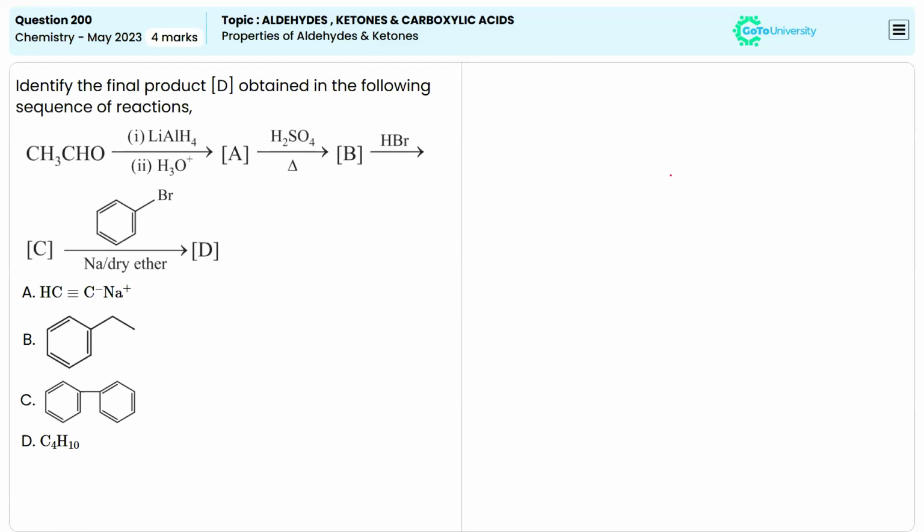So the product is this, this is the product obtained here.